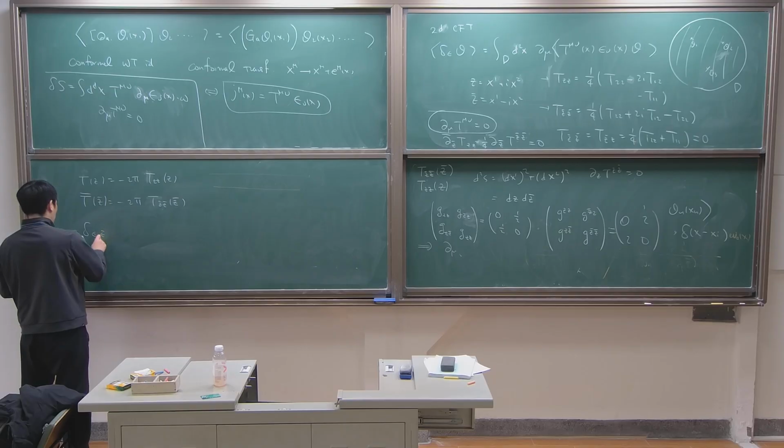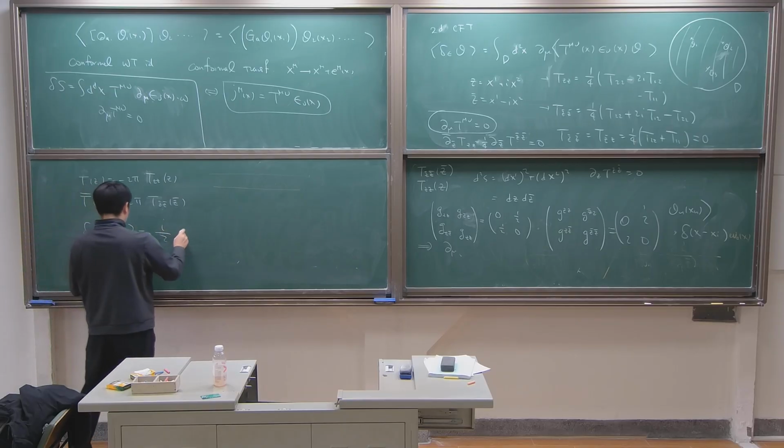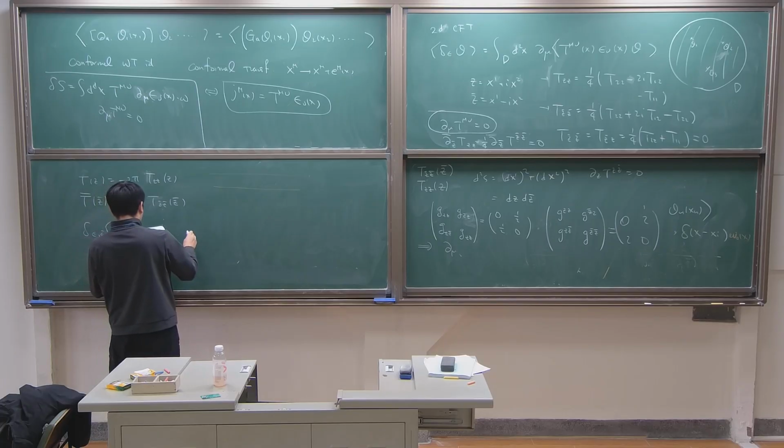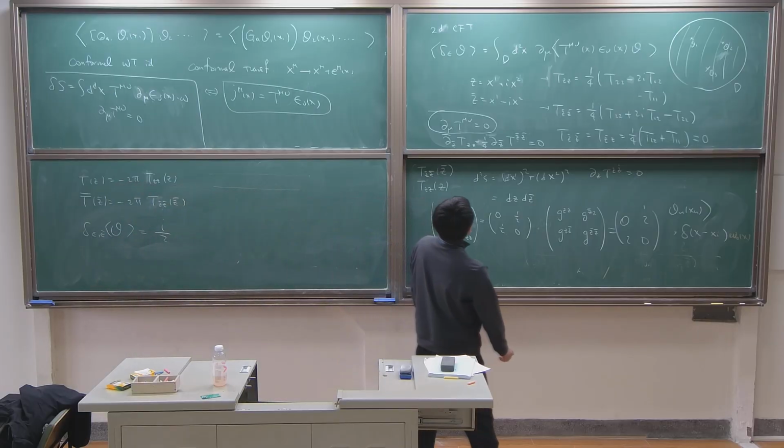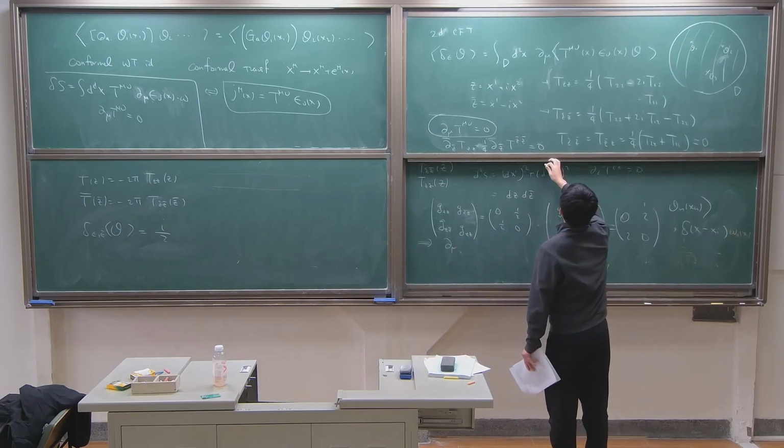Delta for the operator O is equal to i over 2, so i over 2. So where did I go? Yeah, this guy.